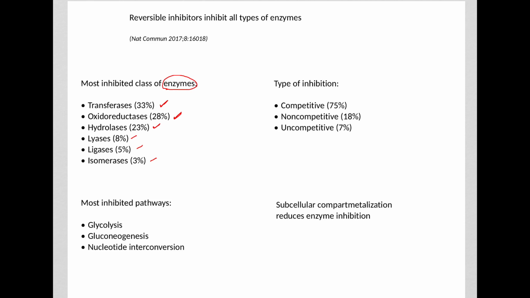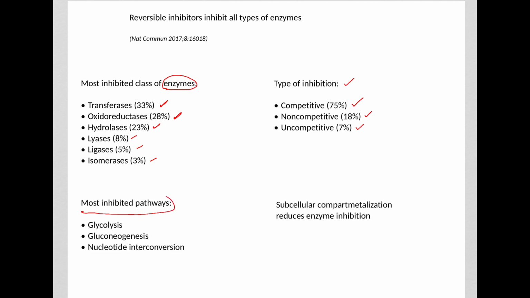The most common type of inhibition we see in the body is competitive. That's about 75%. Non-competitive is only about 18%, and uncompetitive inhibition in the body is quite rare. It's about 7%.